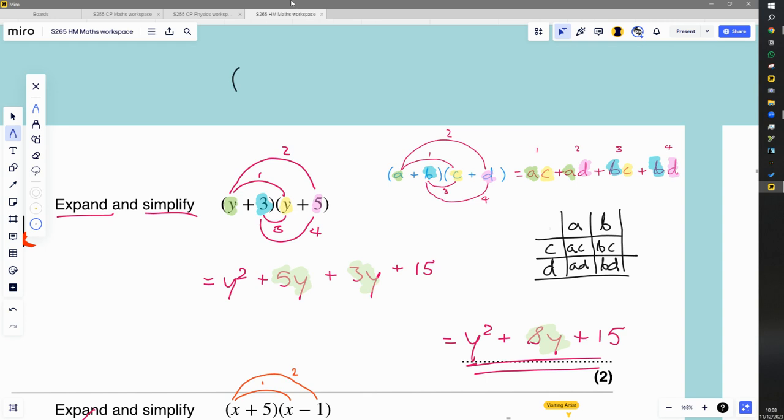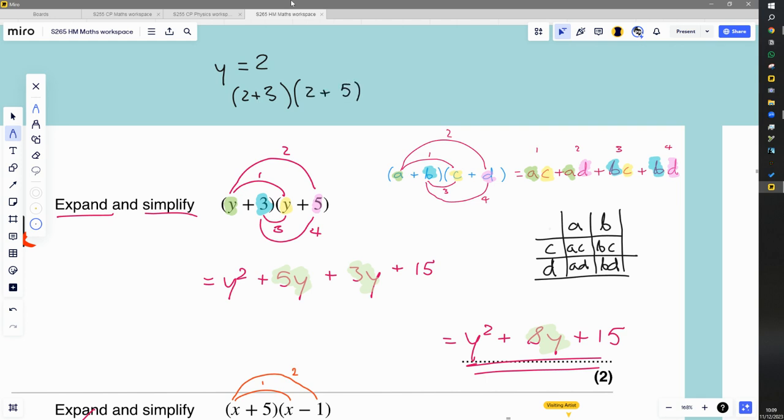But I just want to also emphasize what this means when I say y plus 3 multiplied by y plus 5. Let's imagine that y is equal to 2. Then y plus 3 would be 2 plus 3. This is if y is 2. And y plus 5 would be 2 plus 5. Again, that's if y is 2.